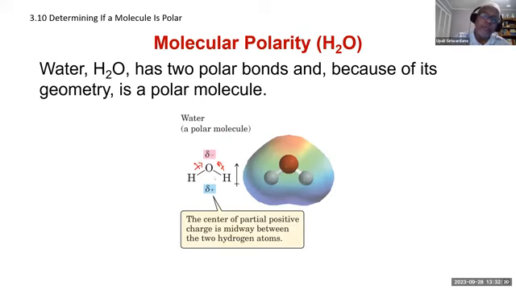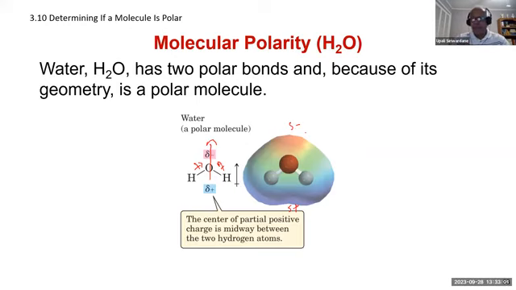So these two add up and create a negative delta region and positive delta region in the water molecule. Therefore, in the water molecule, regions of negative charge and positive charge don't cancel out. This is an unsymmetrical molecule.